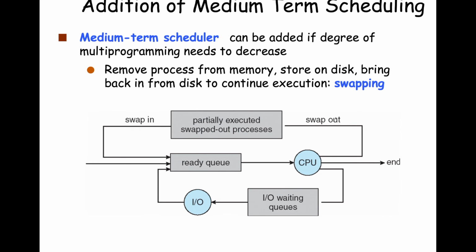So what happens? It comes off the CPU, the information for the status of that process is written to the process control block for that process, and then it's written out to this swap space on disk, this special set-aside place on disk.